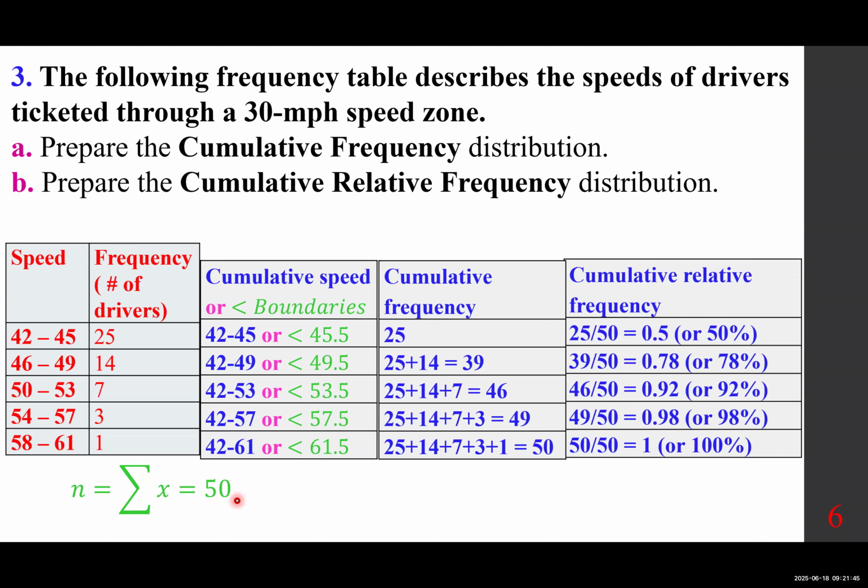Now, it's important to understand: the last one must always be 1 or 100%, depending upon whether they ask for a percentage or not. So cumulative relative frequency must be 1. And for cumulative frequency, the last one must be n, whatever the value of n is.